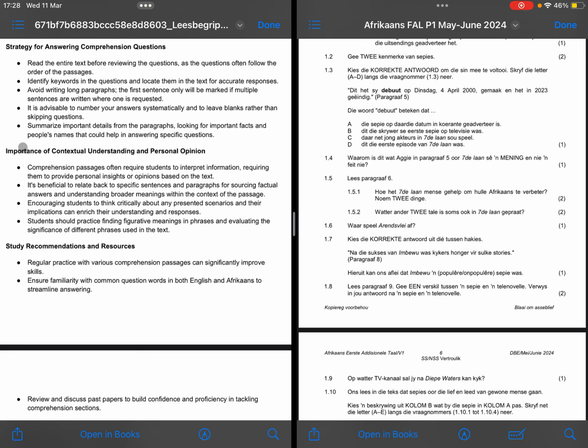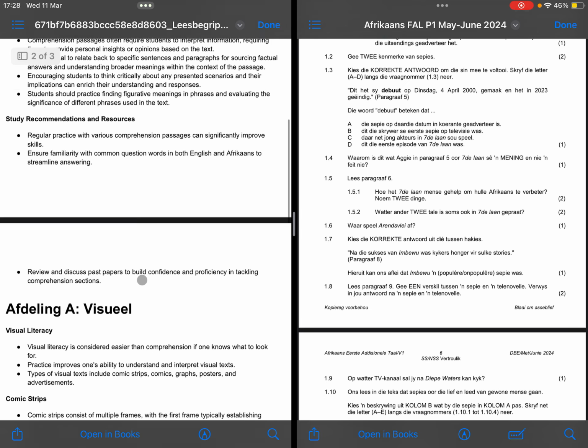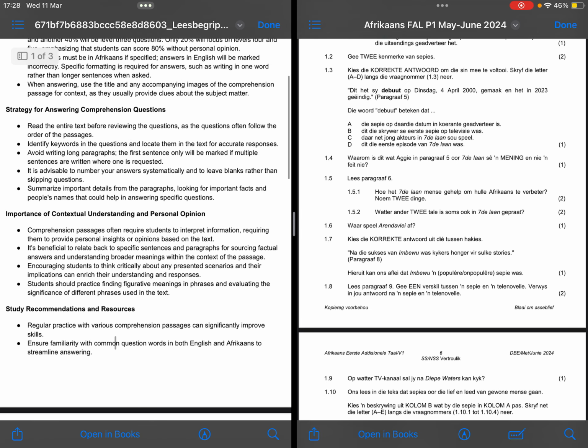Yes, so through practice, going through past papers, reading as much as you can, engaging with Afrikaans outside of school by watching shows or listening to music, talking to your Afrikaans friends, will all help this higher level thinking, because you can only think if you have the words in which to think, right? Yeah, so these are the main things that we have to do for comprehension.